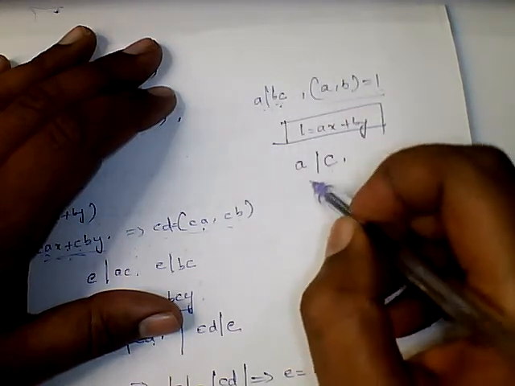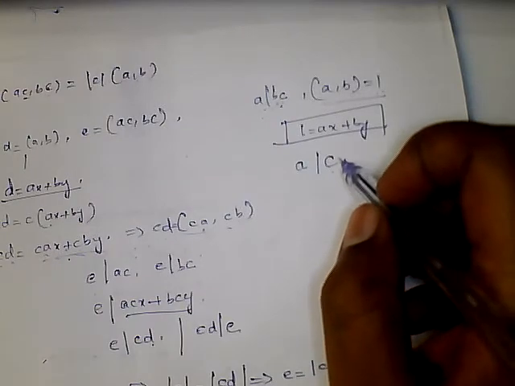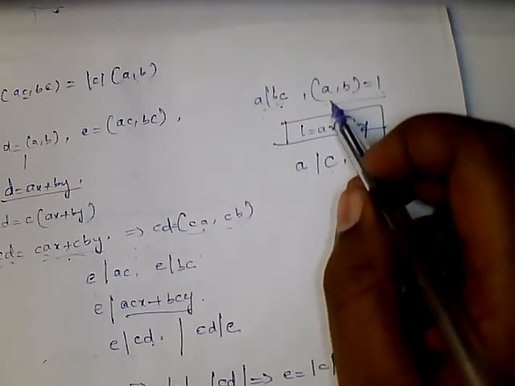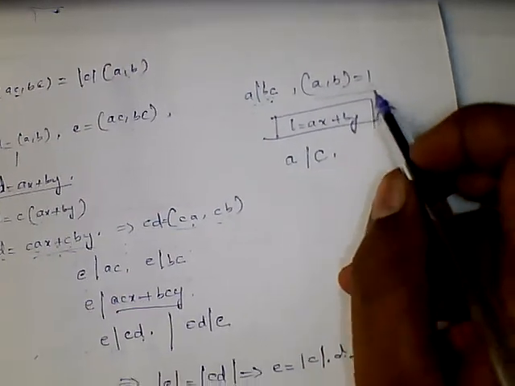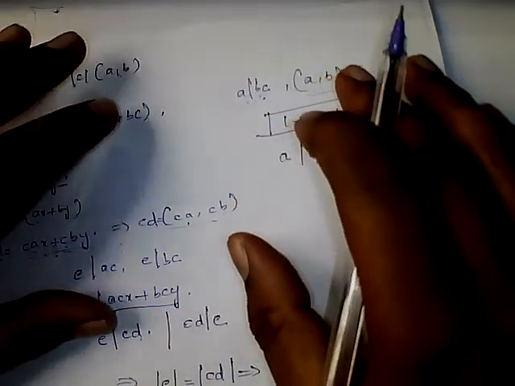You can get that A divides C, or else you won't get it. The condition should be A comma B equal to 1. Then only we can get this.